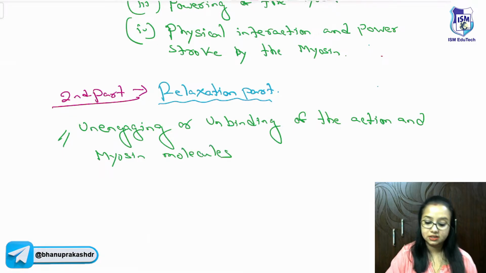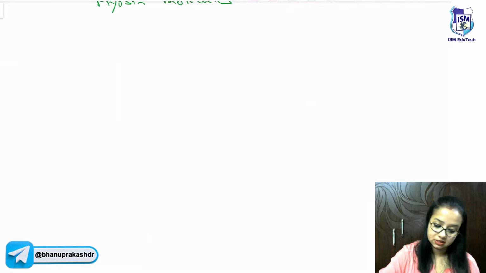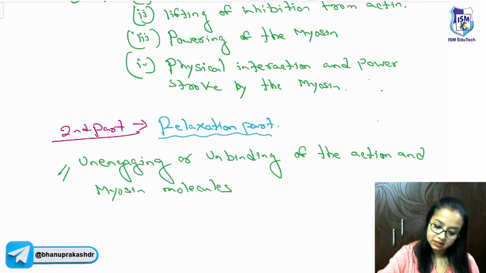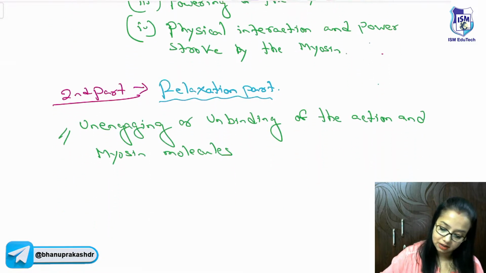Okay, these are the events that are happening in the process of contraction and relaxation. So going by these events, we will study one by one the events that are happening.